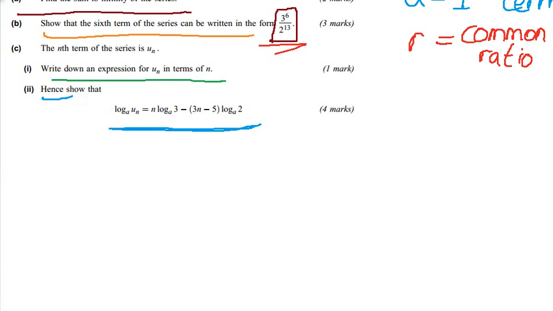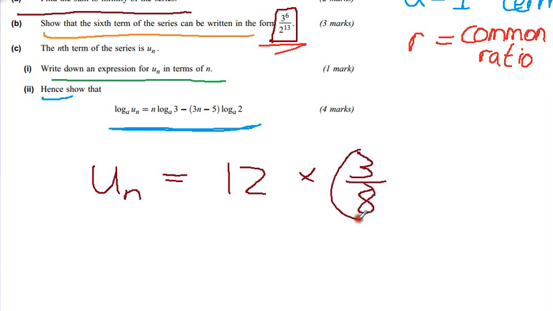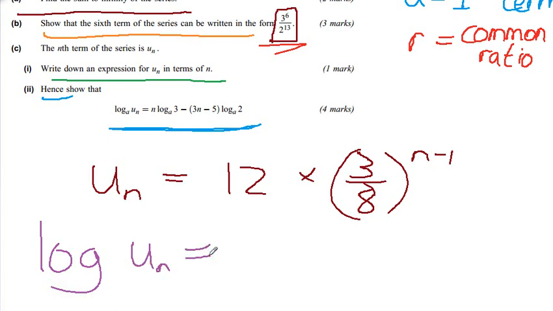So what did we just have? We had u of n is equal to 12 times 3 over 8 to the power of n minus 1. To get it like that, first we log both sides. So we get the log of u of n equal to the log of 12 times 3/8 to the power of n minus 1. Don't worry about the little base a at the moment, we'll come back to it later.